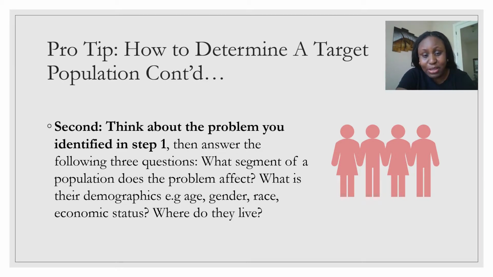And then the second question I want you to answer is, what are their demographics? For example, what is their age, their gender, male or female, race, Caucasian, Black, Latino, Hispanic, economic status, low income, high income, unemployed, things like that.